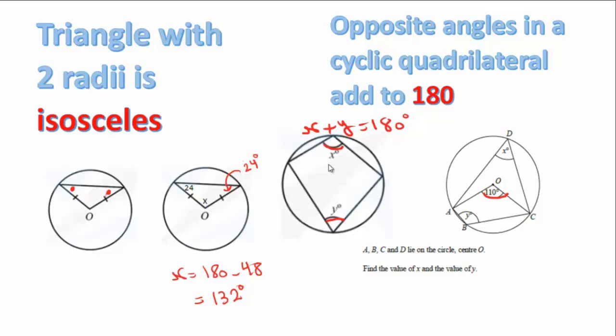So we can use it to find angle x, because both of them are sharing the same arc. So we can easily say that angle x here equals 55 degrees, which is half of the angle at the center.